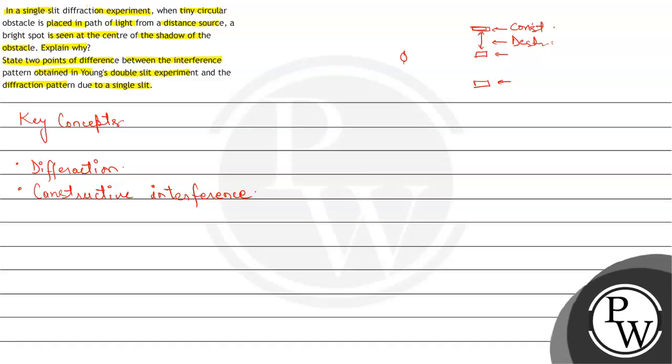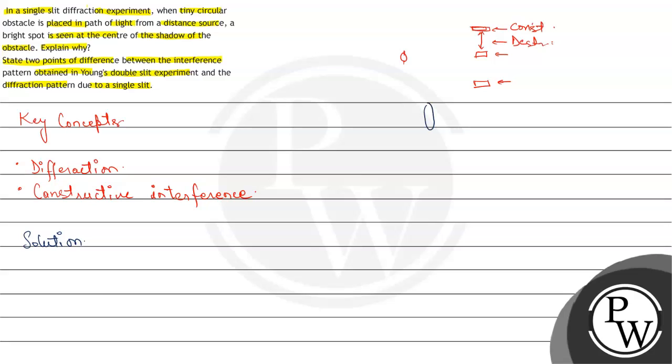Okay, so now let us jump right into our solution. For the solution part, we need to explain why we see a central white spot at the shadow of the obstacle.